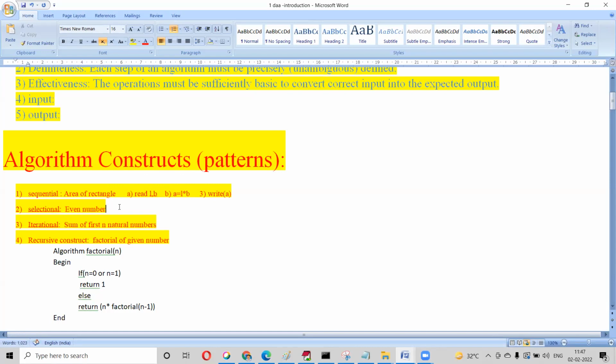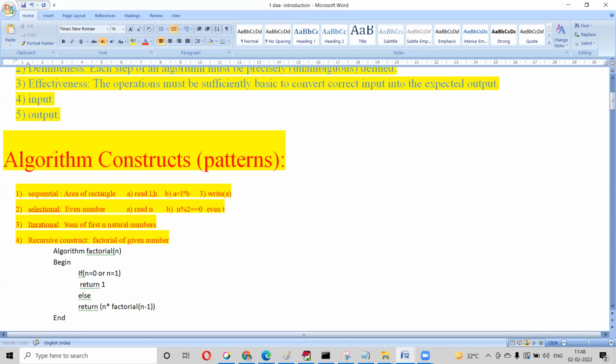In selectional, suppose you want to check whether the given number is a prime number or not. In this case, the first step is reading some number. After reading this number, we are making some selection: whether this number is divisible by 2 or not. If it is divisible by 2, that means the remainder is 0, then it is even.